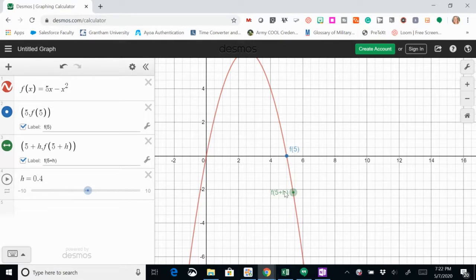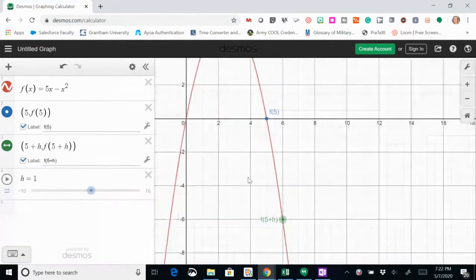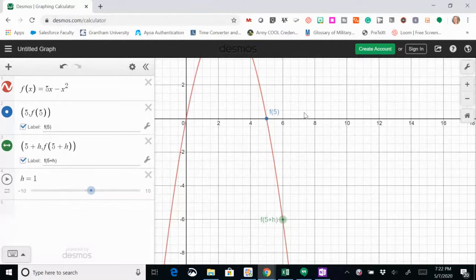When I had h equal to 1, that gives us this right here. And it is basically giving us the slope. We saw that formula is giving us the slope if I connected these by a line.